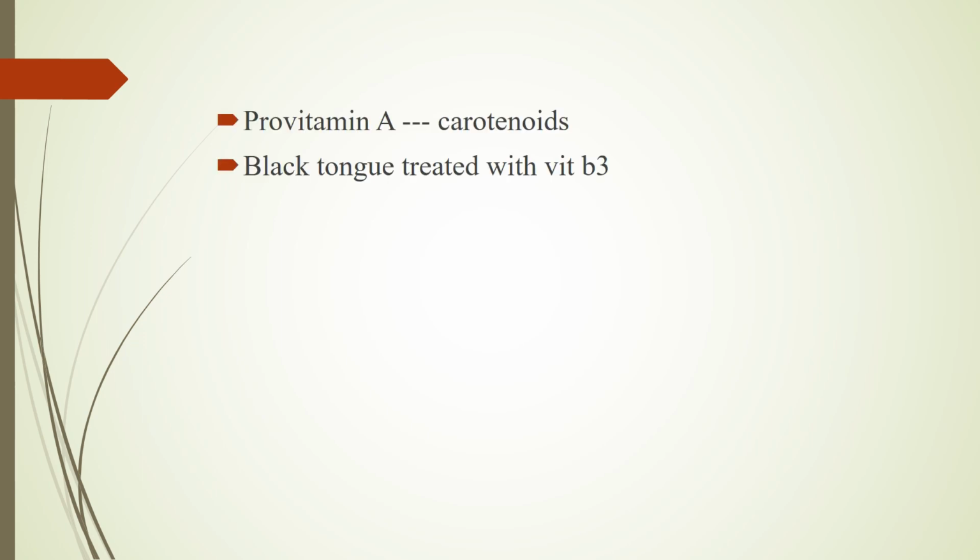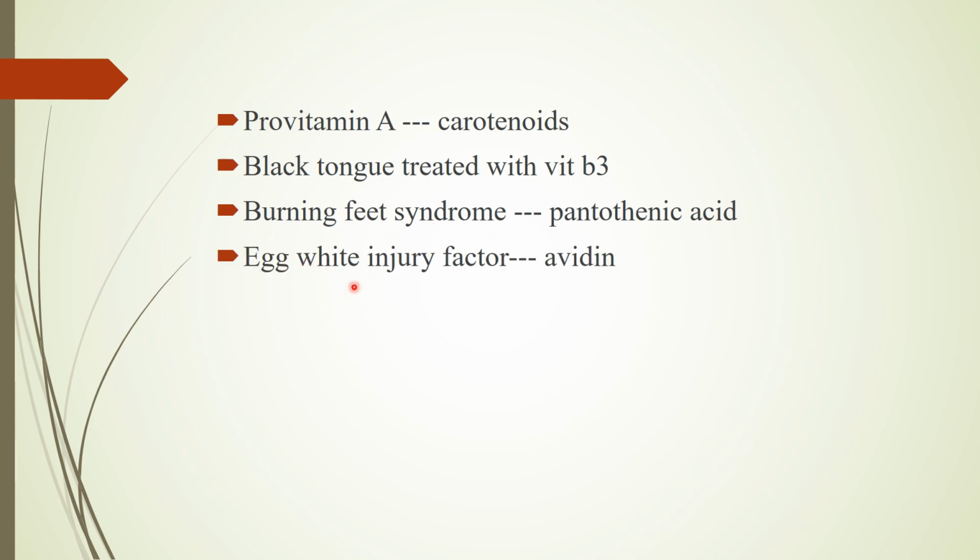Provitamin A is known as the carotenoid. Black tongue is treated with vitamin B3, that is niacin. Pantothenic acid or vitamin B5 deficiency can lead to burning feet syndrome. Egg white injury factor is avidin and anti-egg white injury factor is biotin.